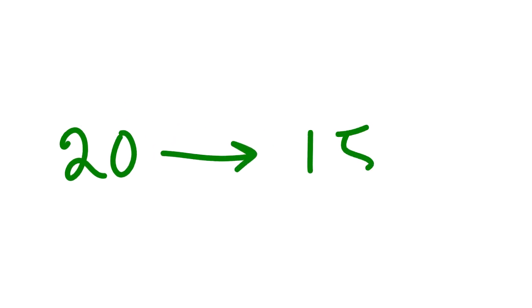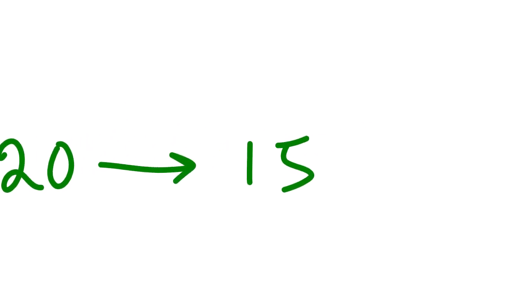The example here is 20 candidates. So 20 candidates as students sat for an exam. Well, let's not start with the percentage. Let's now learn how to calculate the percentage. You have 20 candidates, and among them 15 passed the test or exam.